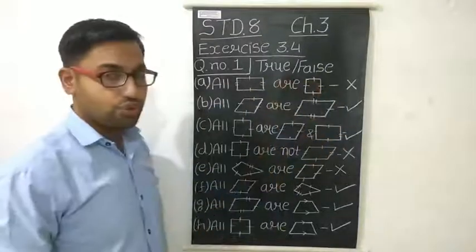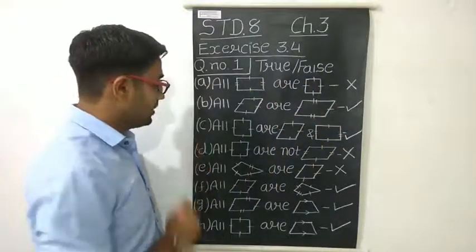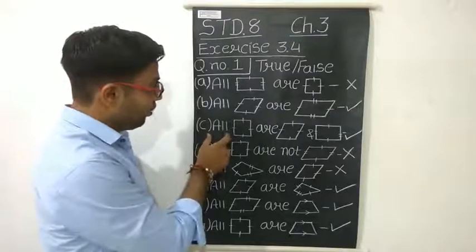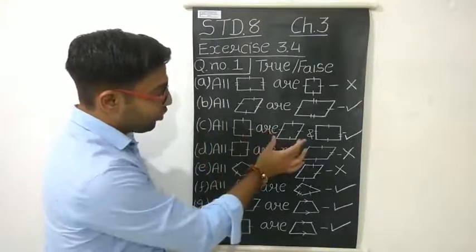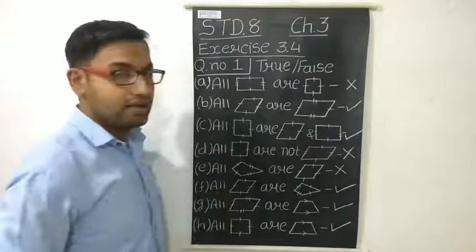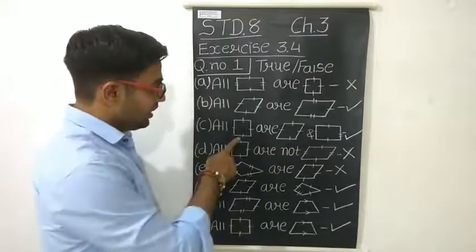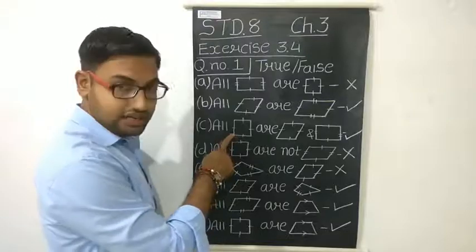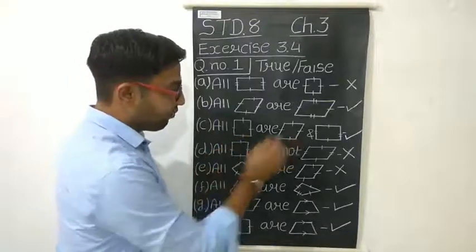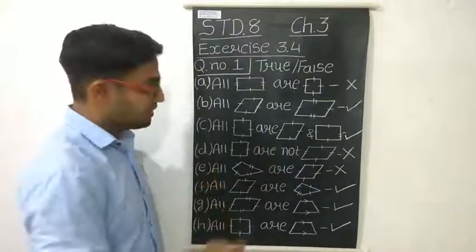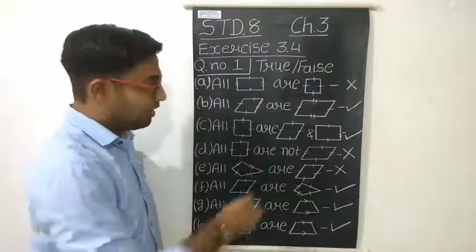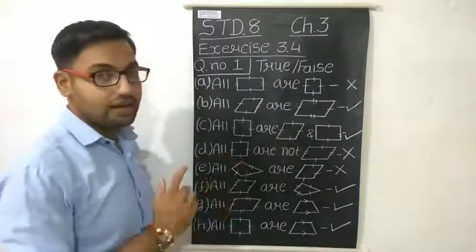This statement is true. C, right? All squares are rhombus and rectangle. So see, does the square satisfy all the properties of a rhombus? Yes, because the minimum requirement to have a rhombus is that all the sides are equal and both pairs of opposite sides are parallel.